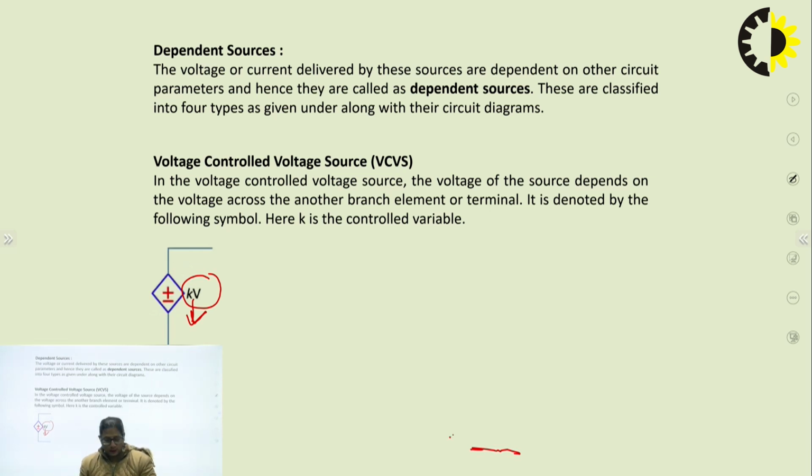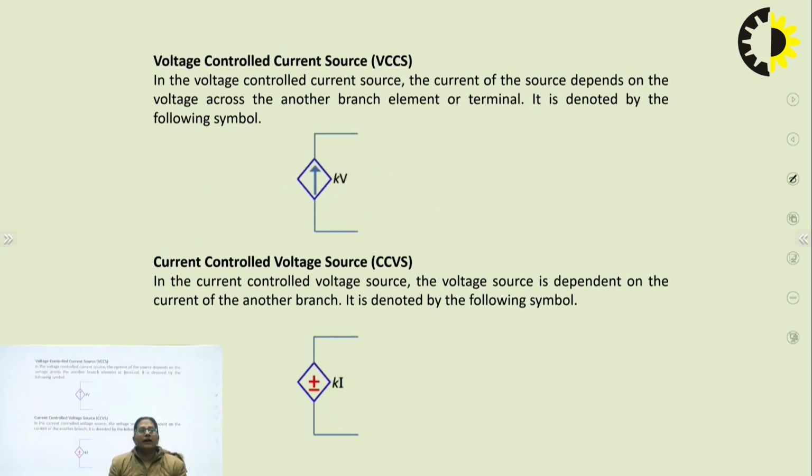Similarly, we have the voltage controlled current source, or voltage dependent current source. Once again, if you see the symbol, it's a current source. A current source is always represented with an arrow. So this will also be represented with an arrow, but not with a circle as we have seen in case of independent sources. In case of independent sources it is represented by a circle, but in this case it is represented by a rhombus and an arrow.